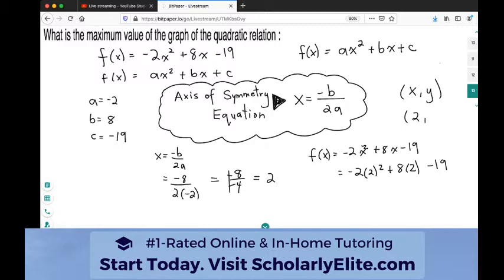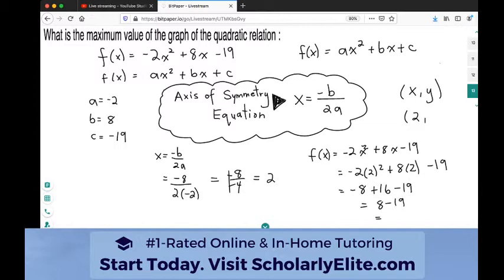So we get 2 squared, which is 4, times -2, which is -8, plus 16 minus 19. So this is going to be 8 minus 19.